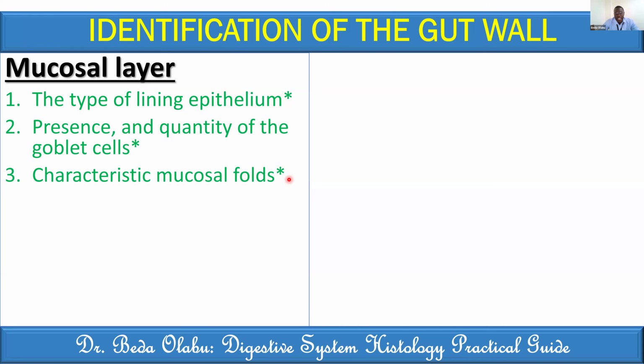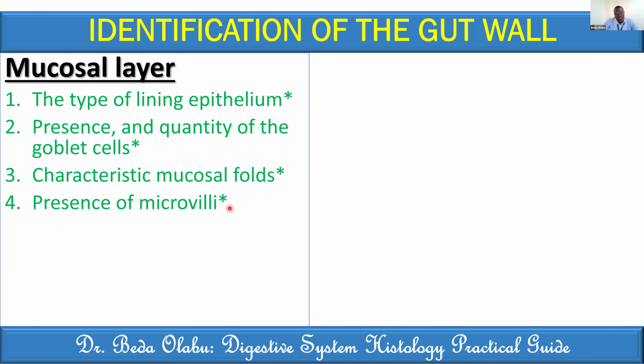But if you see rugae, I would want to imagine that's not the only thing you'll be relying on to identify that this is stomach. But if you see villi, that can be the only thing you are relying on to say this is the small intestine. So that's why I'm putting emphasis on some particular folds.